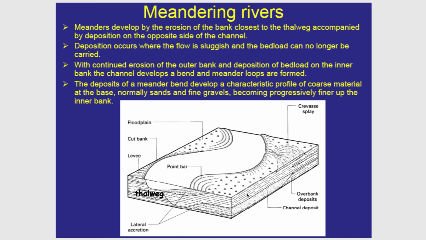For example, those climbing ripples I was mentioning in an earlier lecture. So if we have to fit structures into place, in this case we will have characteristic cross stratification of gravelly and sandy materials and more claystone material that forms tabular bedding.